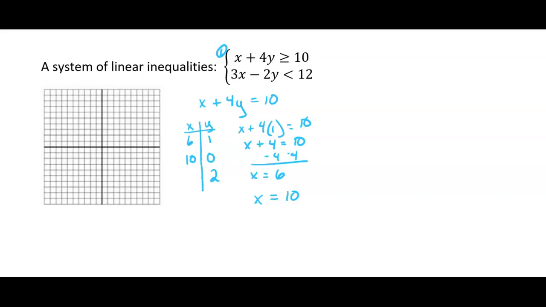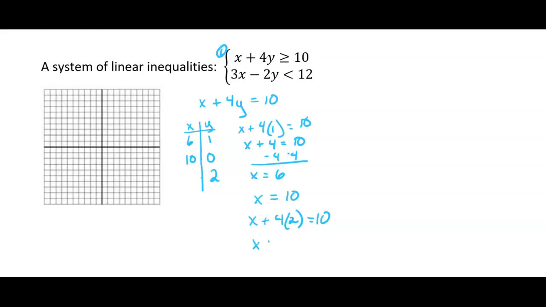And if I plug in a 2 for y, and you might say, well, why are you choosing y's? We usually choose x's. Well, I'm choosing the y's in this case because it's 4y, so I thought it'd be easier if I didn't have to do dividing and a bunch of fractions. So I'm choosing to kind of take care of the 4 with the multiplication, and then I can figure out what x is.